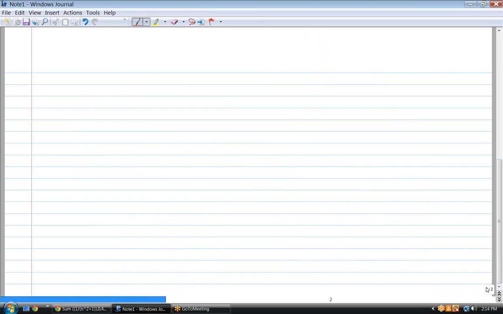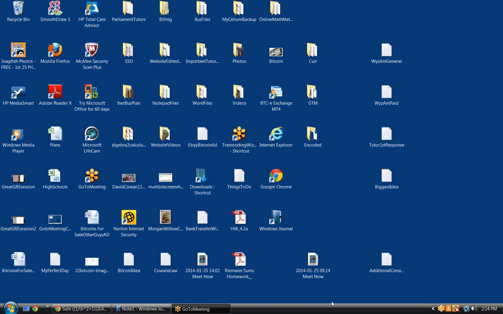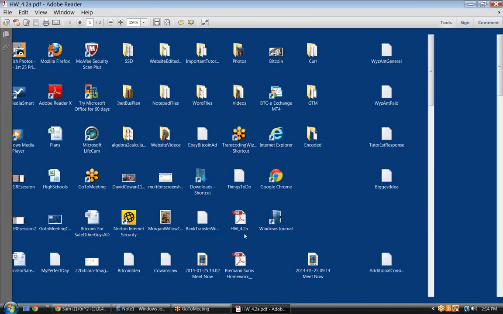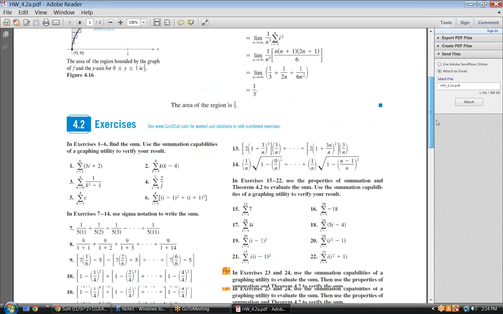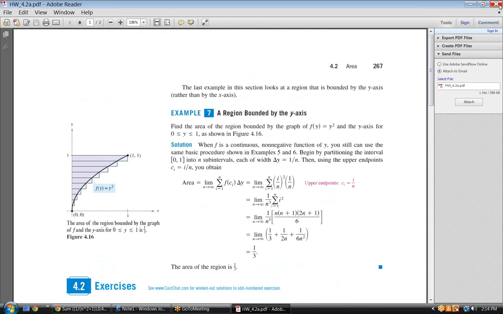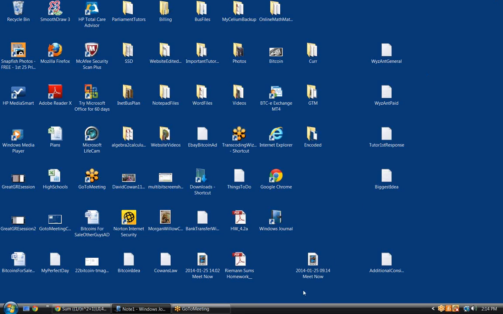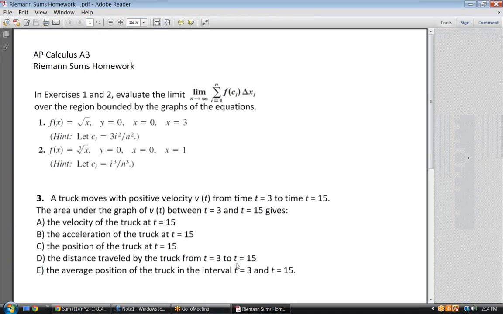So let's look at your papers. I'd rather not start with this page here, just because that gets more into the summation.